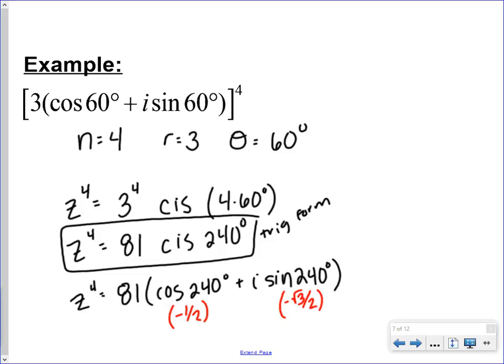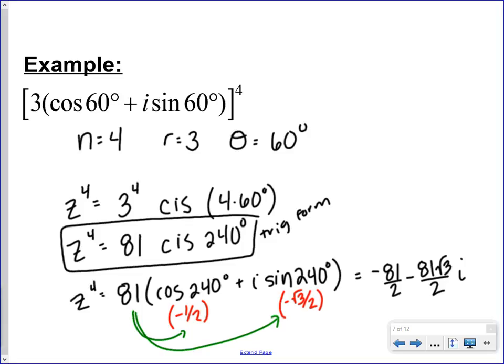So I could do 81 times negative 1/2 and 81 times negative square root 3 over 2. And maybe if I'm writing an exact answer, I get something like negative 81 over 2 minus 81 square root 3 over 2 i. Okay, that could be an exact answer. I would also be okay on this problem if you did that in your calculator, the cosine and the sine. So on this one, I'm a little less picky with the exact answer.